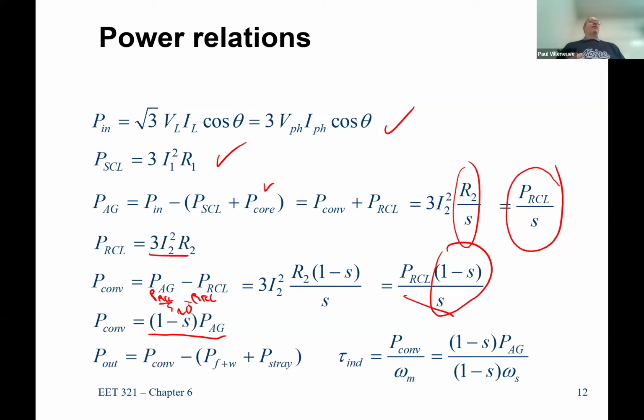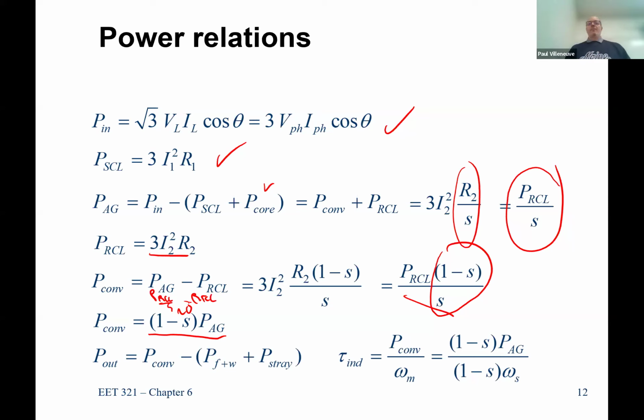Isn't that another way of saying efficiency? Because my air gap power has to have rotor copper losses plus mechanical out. If all my air gap power went to mechanical power out, that'd be a really efficient system.